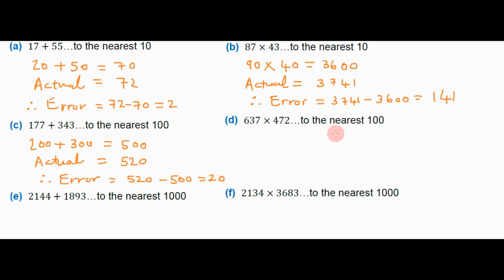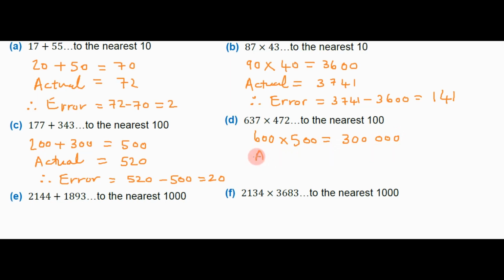Here we have to round to the nearest 100 again. So 637 we're going to round down to 600. 472 we're going to round up to 500. So 6 times 5, of course, is 30. And we have to add 4 zeros. So it's 300,000.